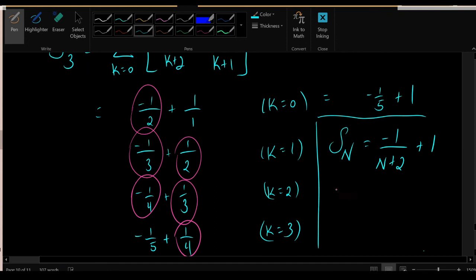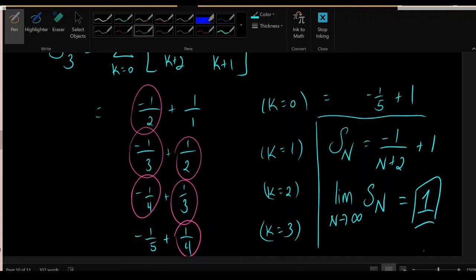So if I calculate the limit of that, and I let n go to infinity, then this fraction with n in the denominator will go to 0, and only positive 1 will be left. So this series converges, and the result of the series is equal to 1.